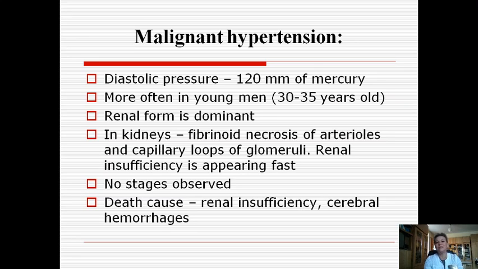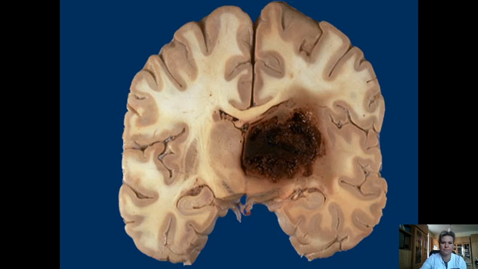More often we see it in young men, about 30-35 years old. Renal form is dominant. What can we see in the kidneys? In the kidneys, we see fibrinoid necrosis of arterioles and capillary loops of glomeruli, and acute renal failure appears fast, without stages, in malignant hypertension. The causes of death are acute renal failure and cerebral hemorrhages.